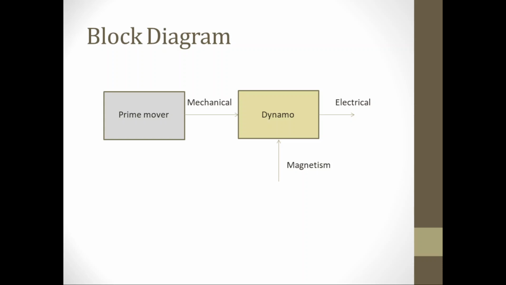Once these conductors cut the magnetic flux, they induce voltage, and in turn the generator produces electrical energy.